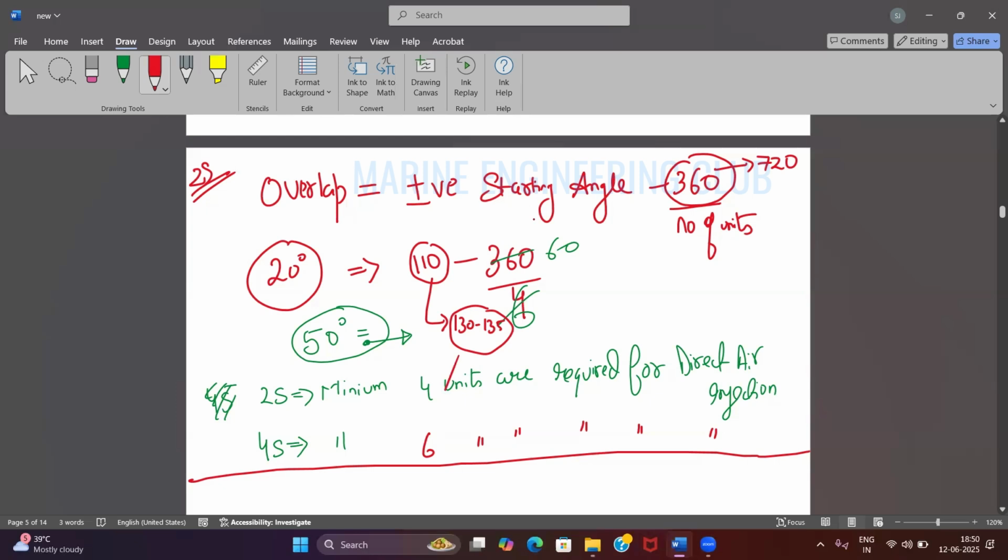Tell me the definition of overlap once more. Overlap is when more than 1 unit is getting air during starting, then that is known as overlap of starting air valve. I'll write it down.